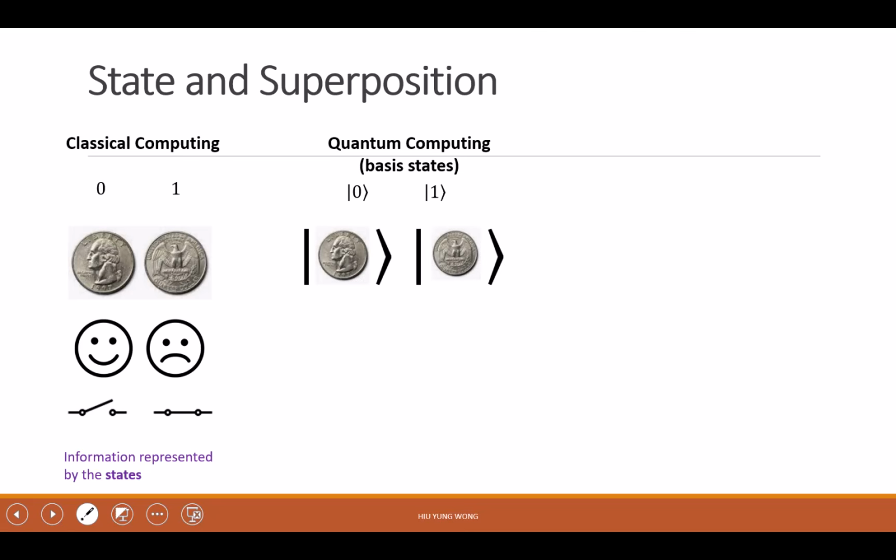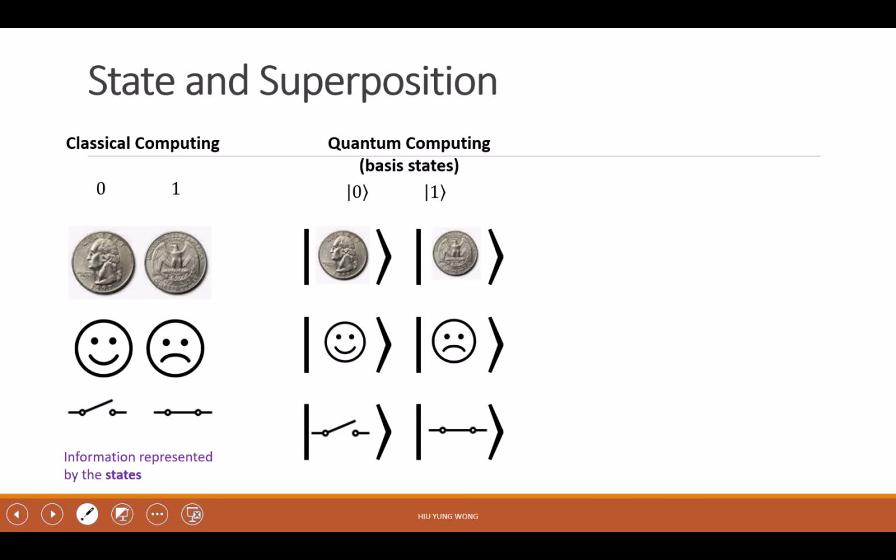So in principle, I can say head and tail, happy and sad, or open and close as the basis states. There's no difference from classical computing. If you limit all the computation to only the basis states in a quantum computer, then it's as bad as a classical computer. What shows the power of quantum computing is superposition.